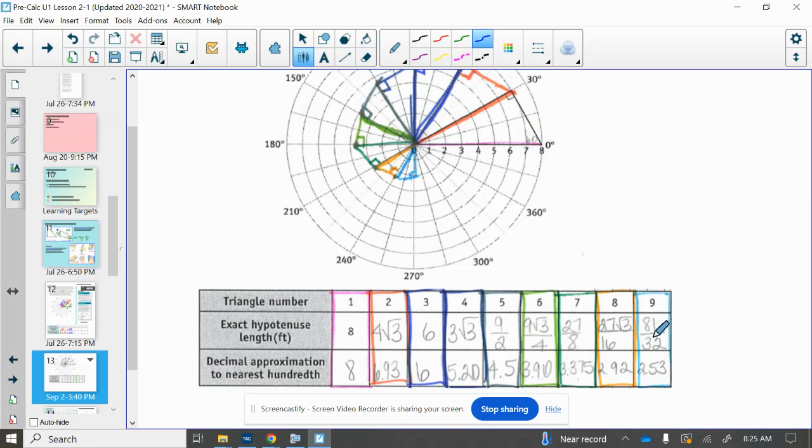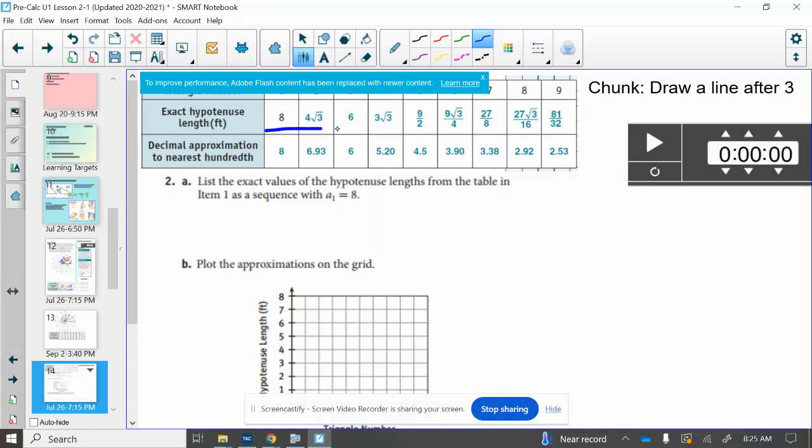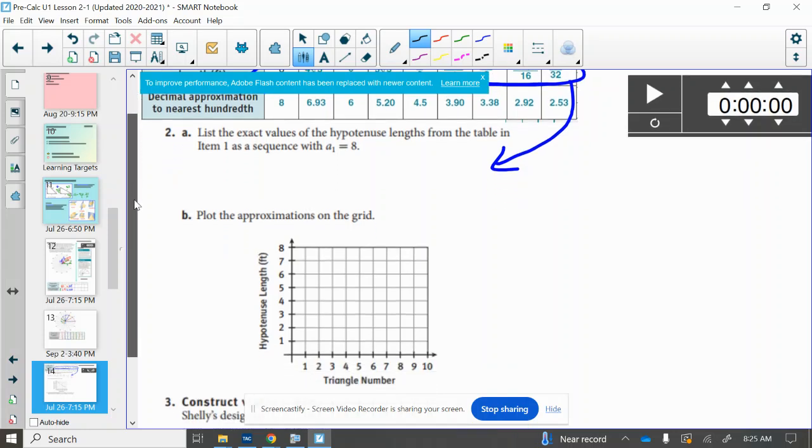So why are we talking about this pattern? Well, if we go to the next slide, our exact values from our chart here, starting with a sub 1, which is 8, go here. So we have that list going out. And if we start plotting the approximations of these, we have 8, 6.93, 6, 5.2.